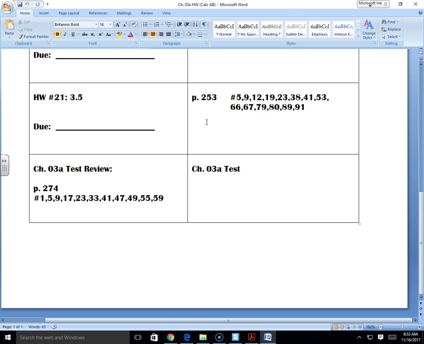Any other ones? Charlotte is reminding us, when we're trying to set up a sign chart for the first or second derivative, if we have domain restrictions, vertical asymptotes or poles, do they go in the sign charts?